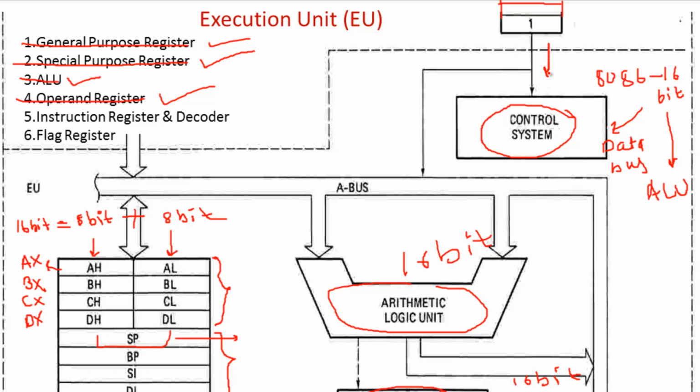The control system fetches one instruction from here and decodes it. The fetched opcode of the instruction is stored into the instruction register, and after storing the opcode into the instruction register, the decoder is used to decode this code and send the control signals to the control unit.